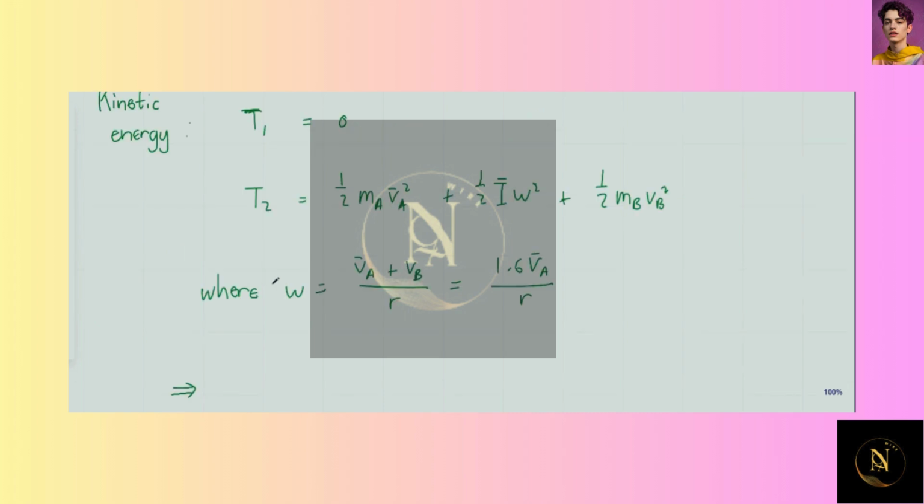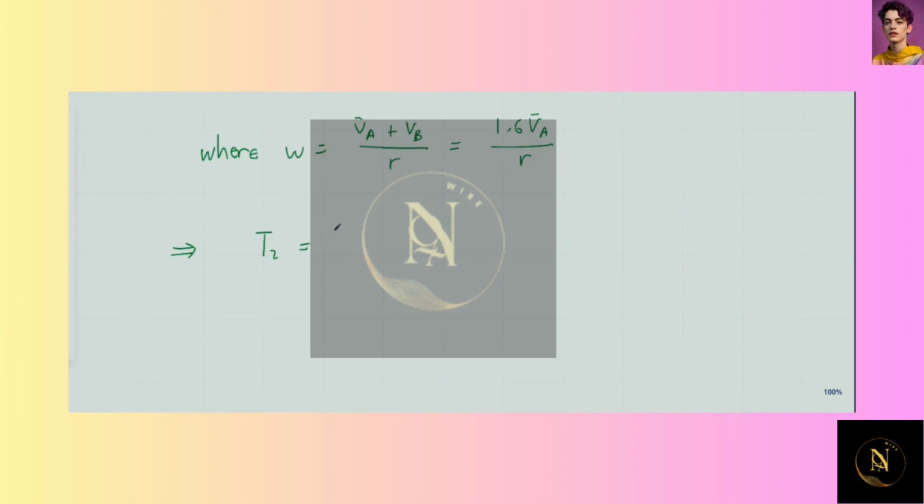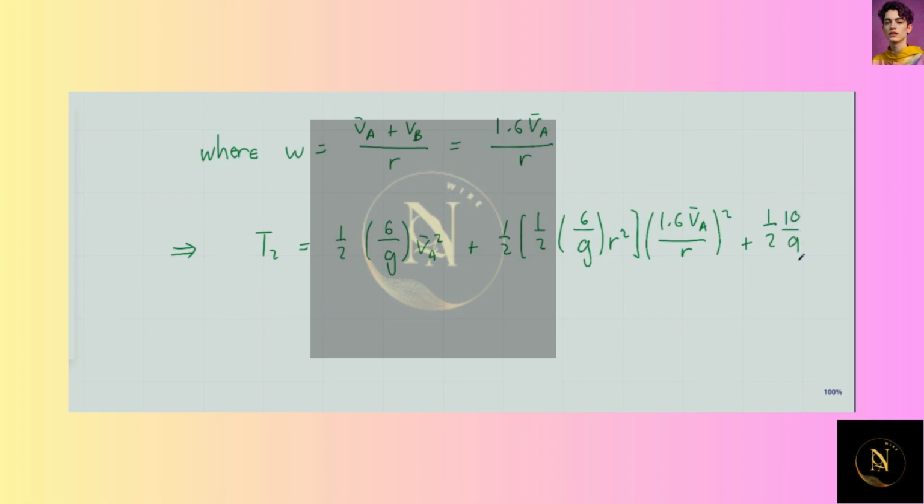So we can then write T2 in terms of VA. T2 becomes a half into 6 pounds over G times V bar A squared, plus a half into a half times 6 over G times R squared, multiplied by 1.6 VA over R all squared, plus a half times 10 over G times 0.6 VA squared.